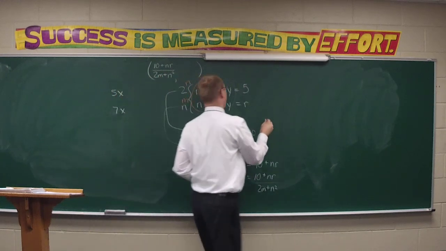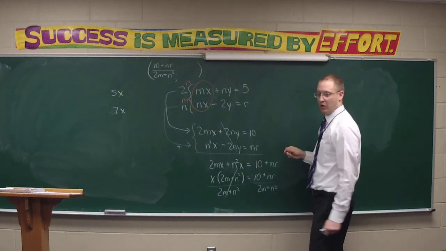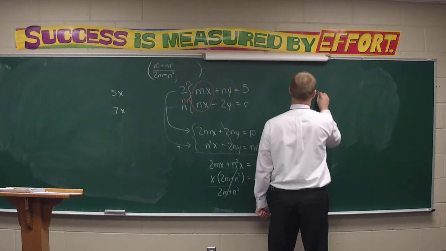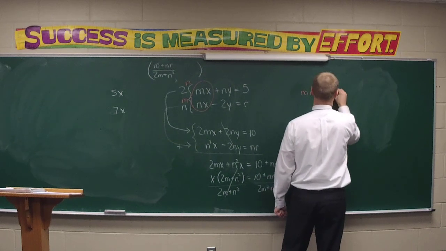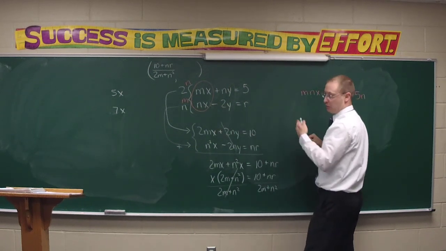What does my top equation become when I multiply all the way through by an n? Audrey? mx plus n squared y equals 5n. And when I multiply an m all the way through the bottom, Genesis?